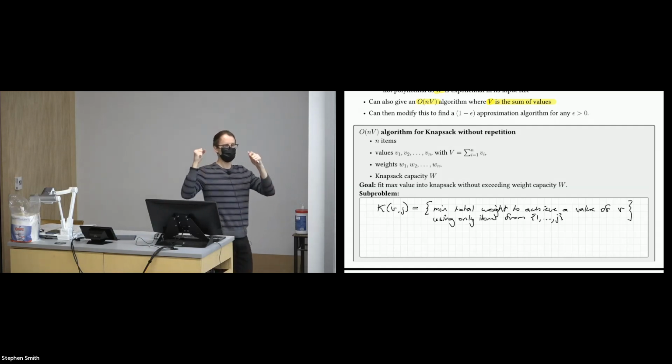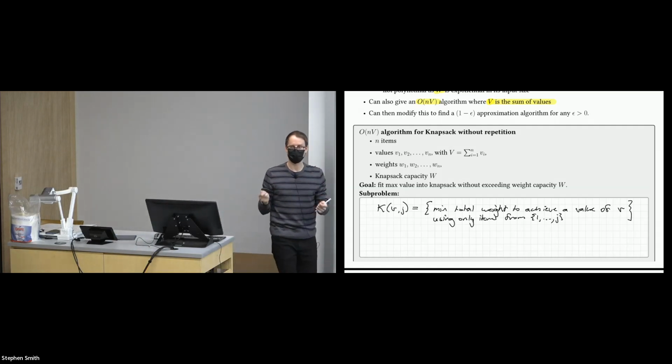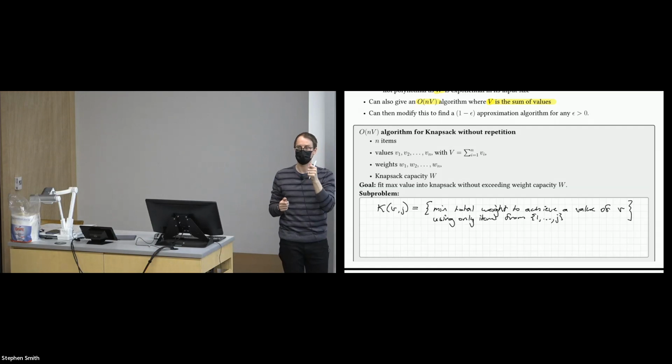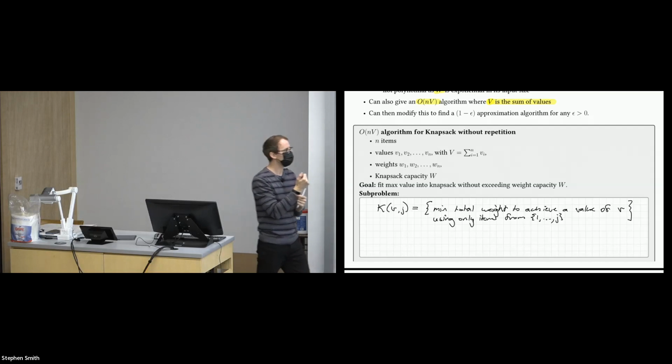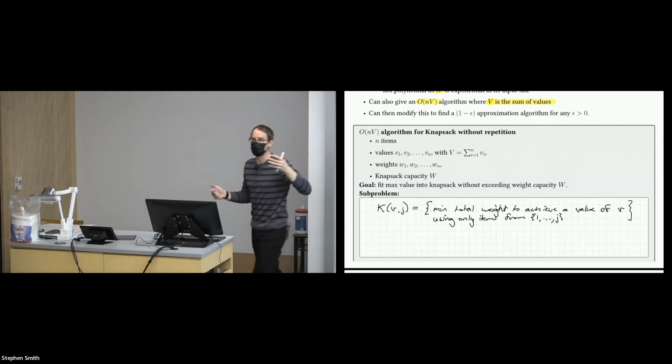So it's what's the lightest knapsack I can create that gets me exactly a value of V and uses only items 1 through j. It might not even be possible. There might not be a combination of items that gets me exactly a value of V, in which case I make this weight infinity.